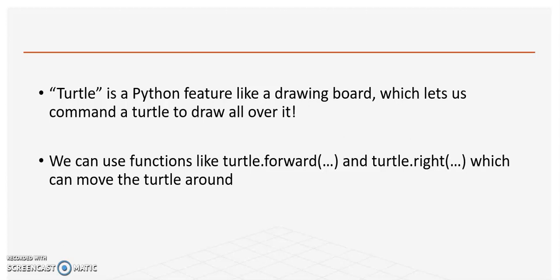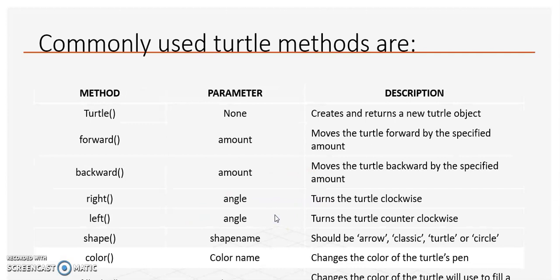We can use different functions in Turtle, like turtle.forward, turtle.backward, and different angles like turtle.right, turtle.left, which can move the turtle all around. There are different methods which are commonly used in turtle programming. The first one itself is turtle. It creates and returns a new turtle object.